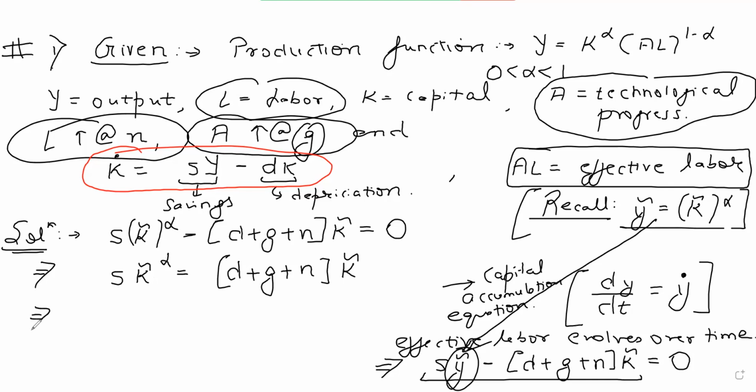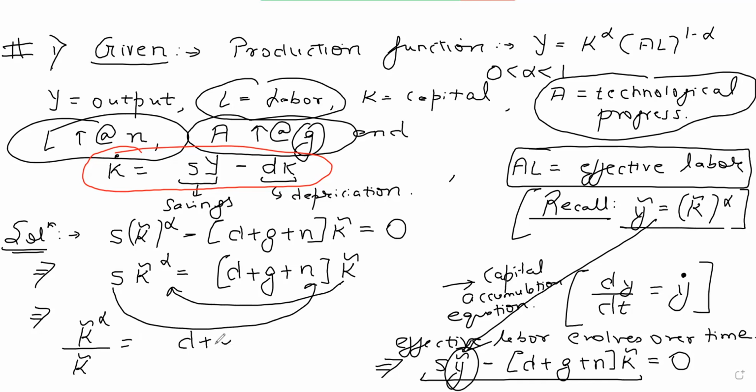If I solve this for k tilde now, I can take this k tilde here and I can take s here. So what do I get? k tilde to the power alpha over k tilde is (d plus g plus n) over s. I've just rearranged the terms.